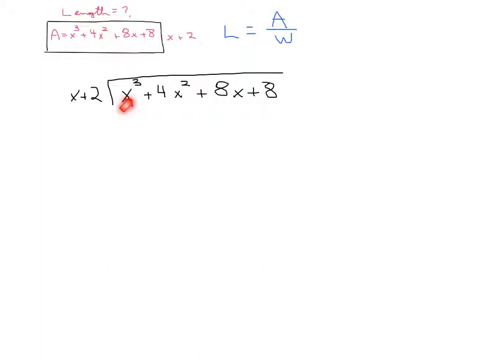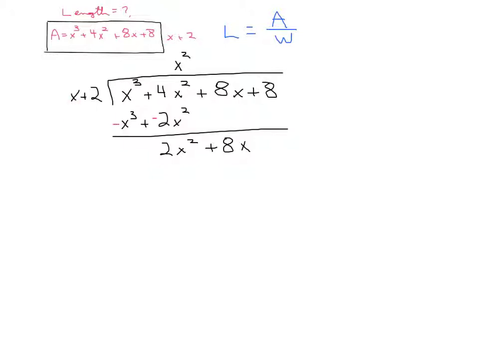Okay, x goes into x cubed, x squared times. X squared times x is x cubed. X squared times 2 is 2x squared. Change the signs and add, and we get 2x squared, and then bring down the next term.